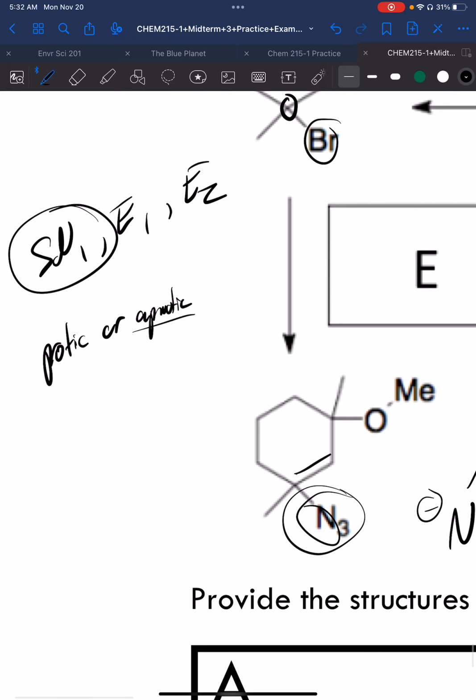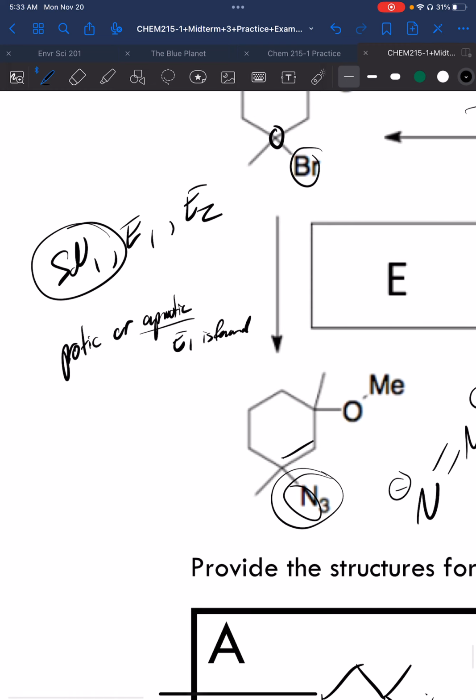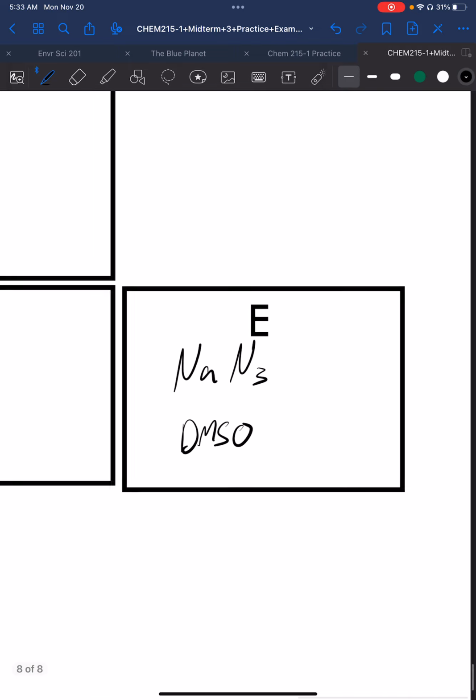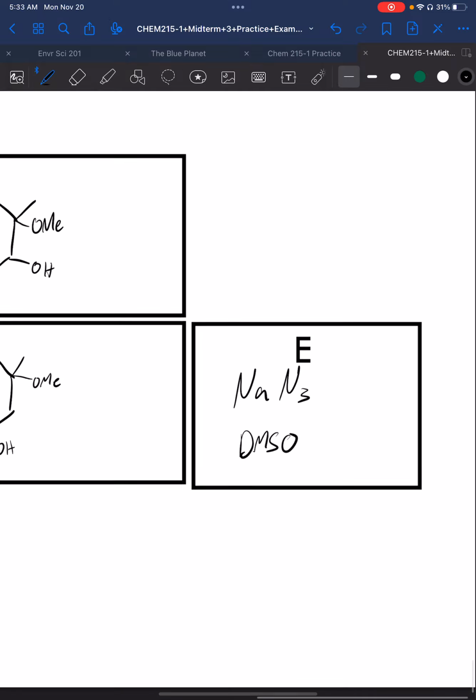However, in a protic solvent, E1 is favored. So ideally you would use a protic solvent. However, the answer is DMF, or acetone, which is aprotic.